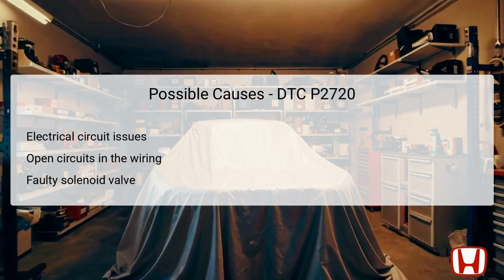Open circuits, where a wire is disconnected or broken, particularly between the power source and solenoid, can also lead to insufficient input. Furthermore, a malfunctioning AT clutch pressure control solenoid D itself could be the root cause, resulting from wear and tear or manufacturing defects. Each of these potential causes should be thoroughly investigated during troubleshooting to ensure an accurate diagnosis.